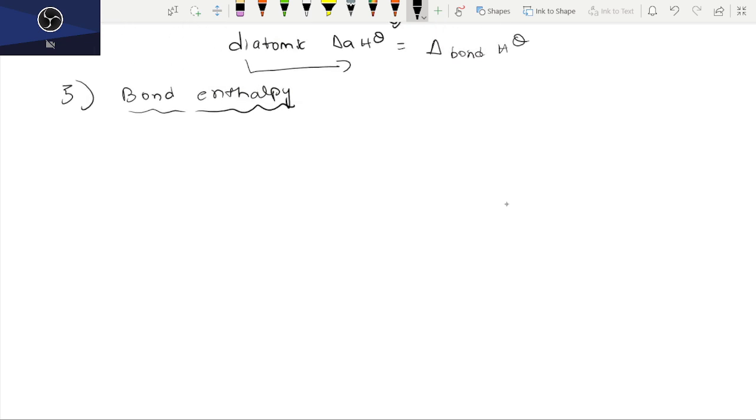So now what are we learning? I said, covalent bond when it is broken. When a covalent bond is completely broken, especially in the gaseous state, what will happen? When a covalent bond between compounds is broken in the gaseous state, it is said to be bond enthalpy.